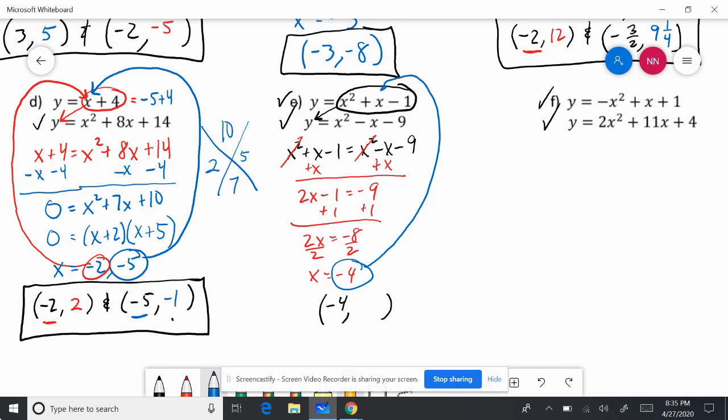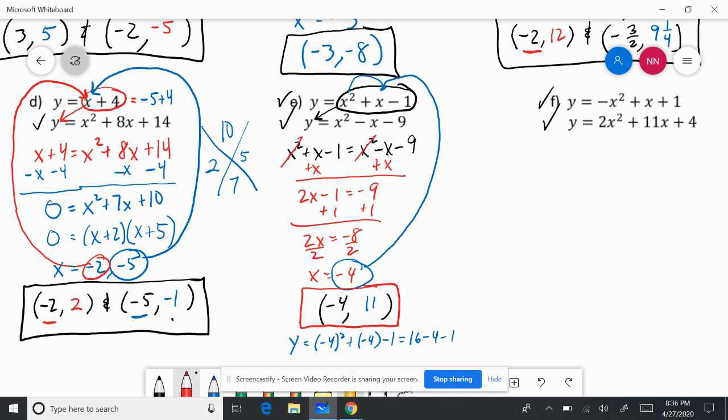So I'm going to plug it into each of those x's. y equals -4 squared plus -4 minus 1. -4 squared is 16, minus 4 minus 1. 16 minus 4 is 12, minus 1 is 11. So that right there gives me my ordered pair, -4, 11.